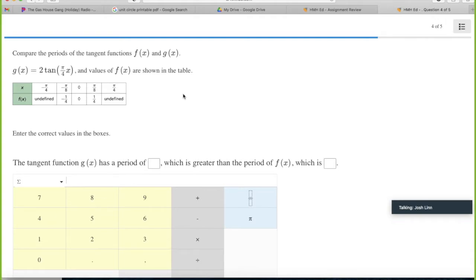So our period equals 2 pi, wait. Yeah, our total period equals pi over b. So if we're looking at this, our b is equal to 4. So our total period is 4 pi for this one.